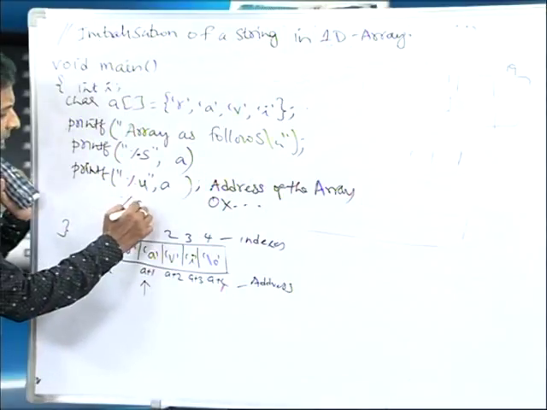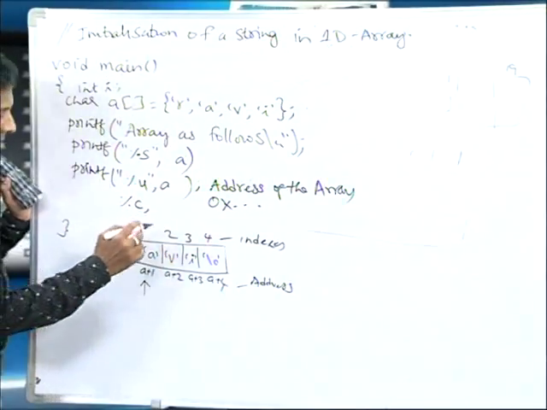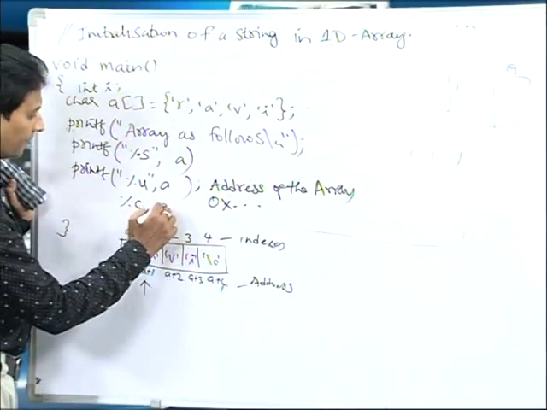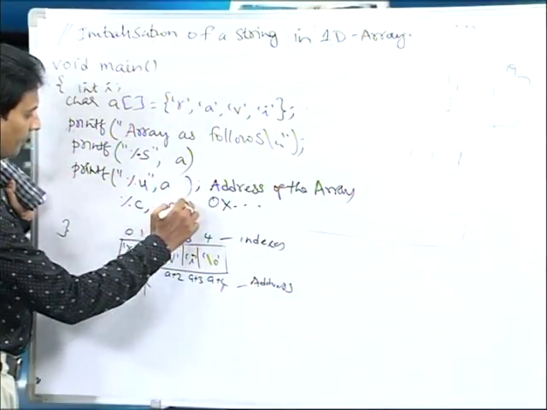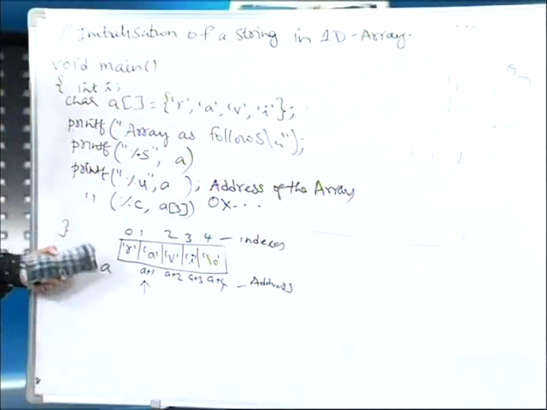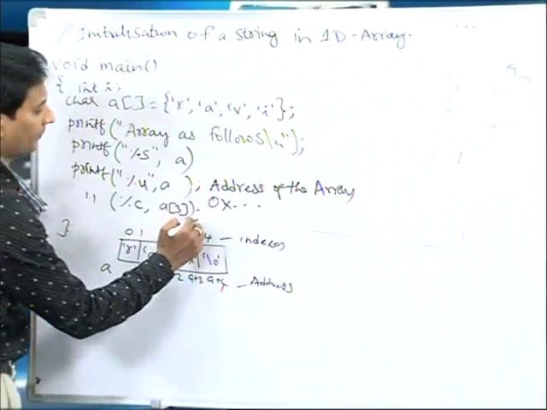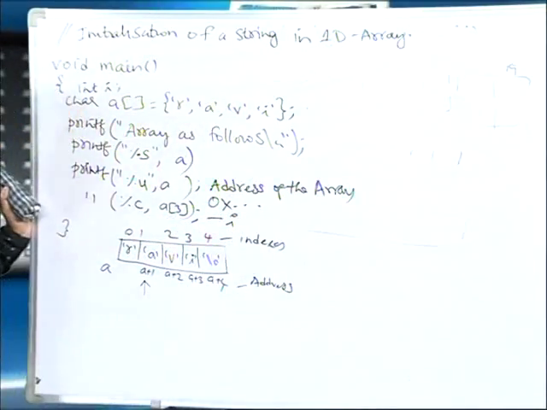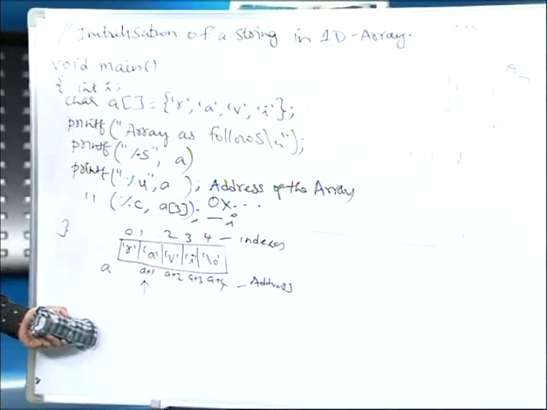If you write something like a of 3, it displays only I.